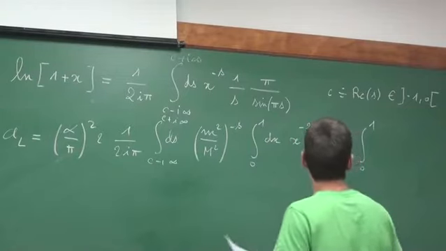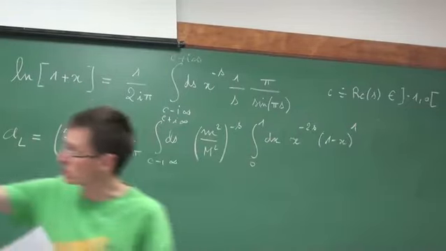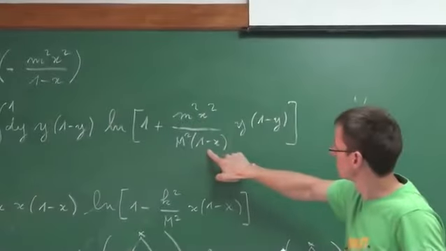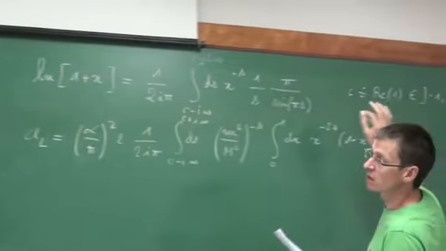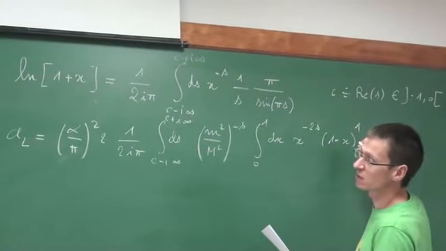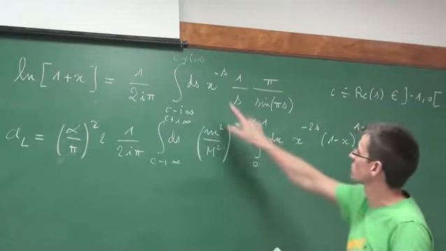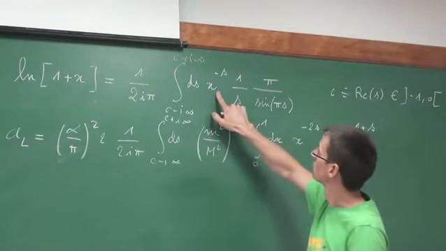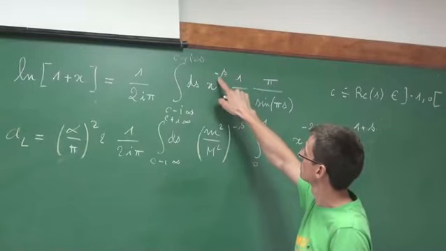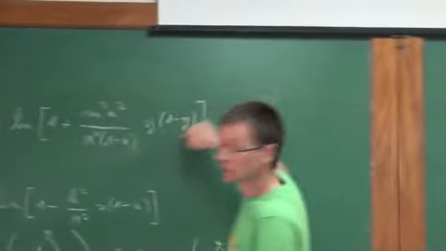So there is a 1 for the first, and here there is minus, which gives plus s. It comes from this. The minus s here is for everything here.